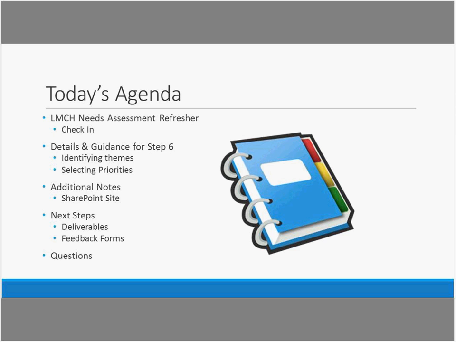So as a reminder, this is where we're headed today. We are going to check in on where you are with your data collection process for the 3 assessments or 2 assessments that you're currently completing, and we'll talk in good detail about what step 6 looks like, provide some ideas for how to complete it, and talk about really the purpose and intent behind this piece of the assessment process.